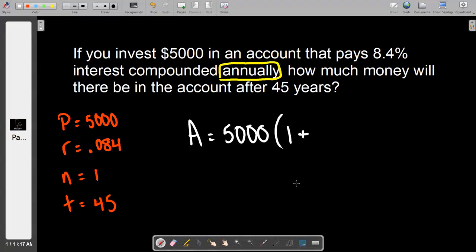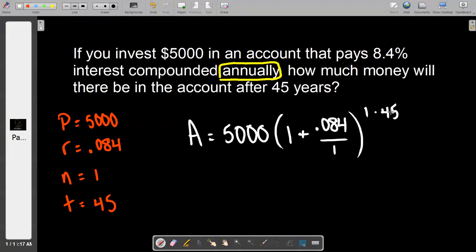And what is R? Nice. And what is N? 1 to the power of 45. And for the sake of making proper notes, I'm going to put 1 times 45. You'll notice in a case like this that there are a couple of numbers that don't need to be there.